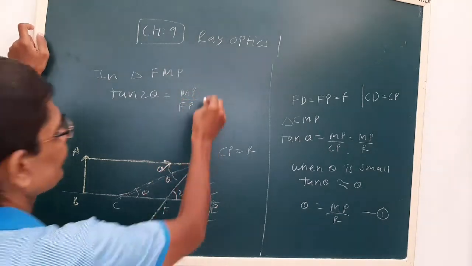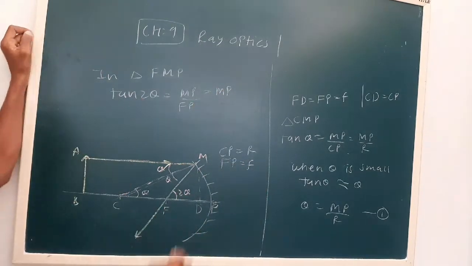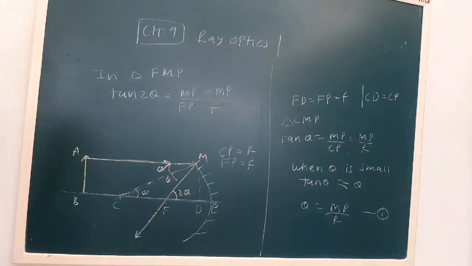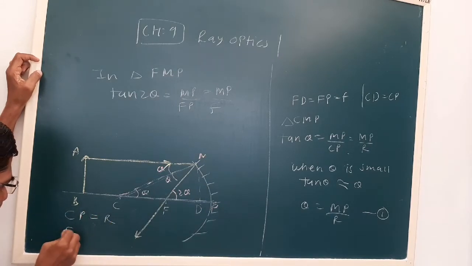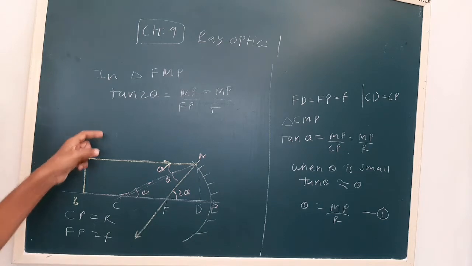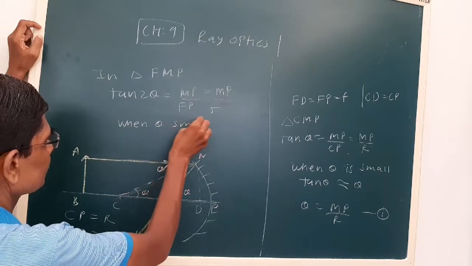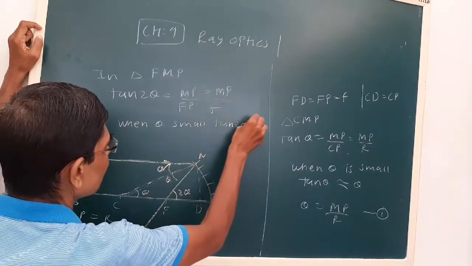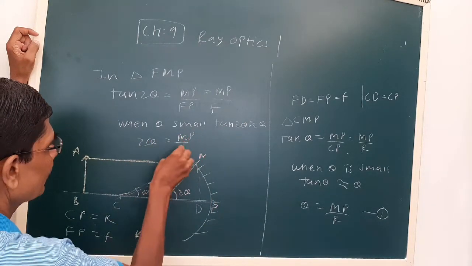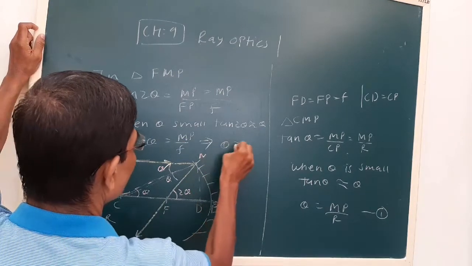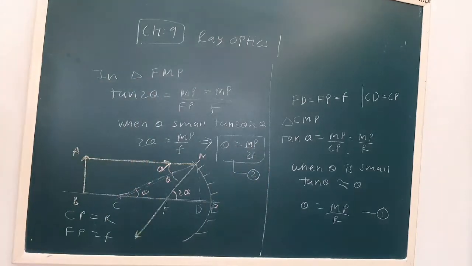Our FP is the focal length F. Now we can write CP is equal to R and FP is equal to F. Again here also, when theta is small, tan 2 theta we can take approximately as 2 theta. So 2 theta is MP upon F, that gives theta is MP upon 2F. Let us say this is equation number 2.